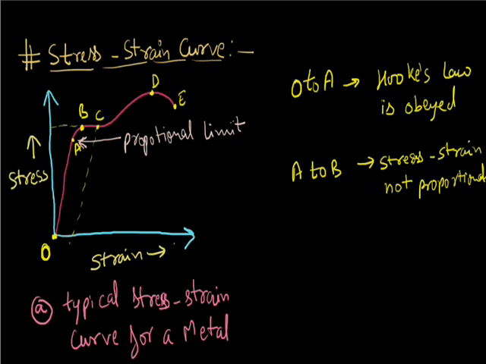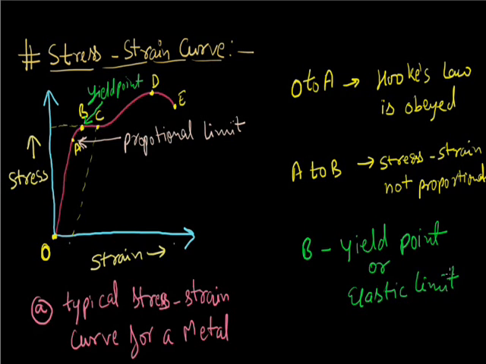So we will write that point B is known as the yield point, or elastic limit, and the corresponding stress at this moment is known as yield strength.